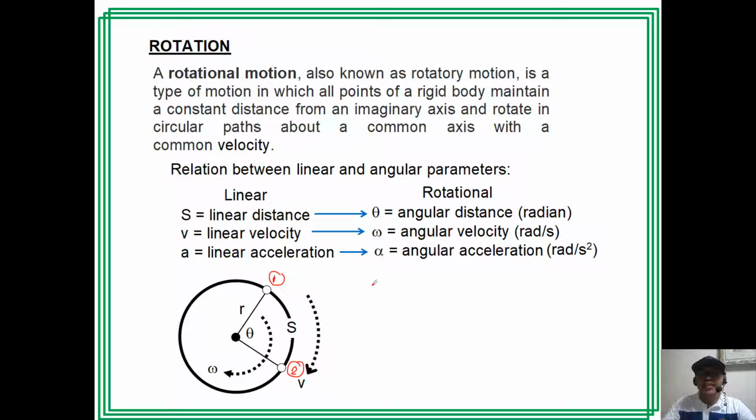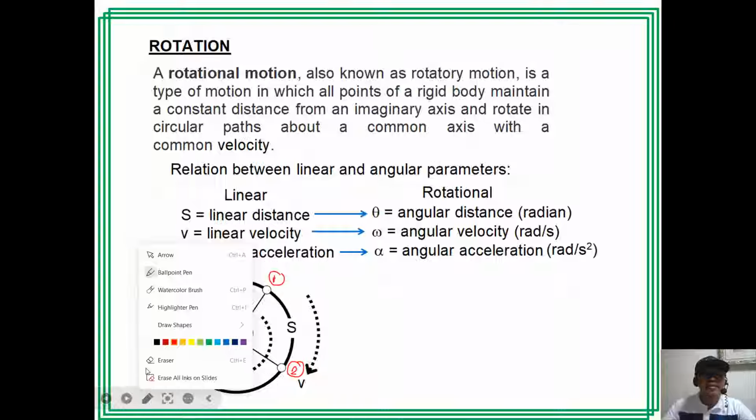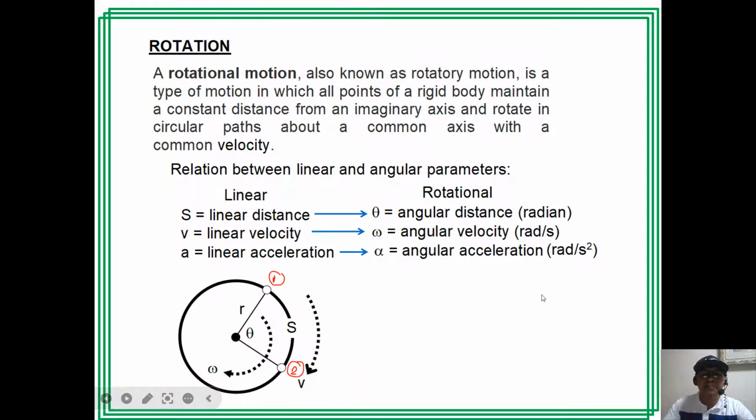If the point is at a distance r from the axis, which is the center of the circular path, the distance traveled is expressed in terms of the angular measurement, and it is equivalent to the linear distance.